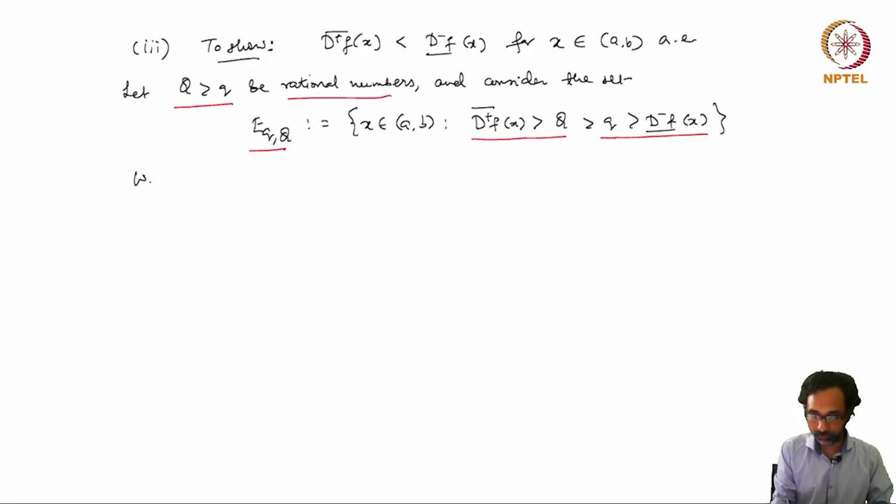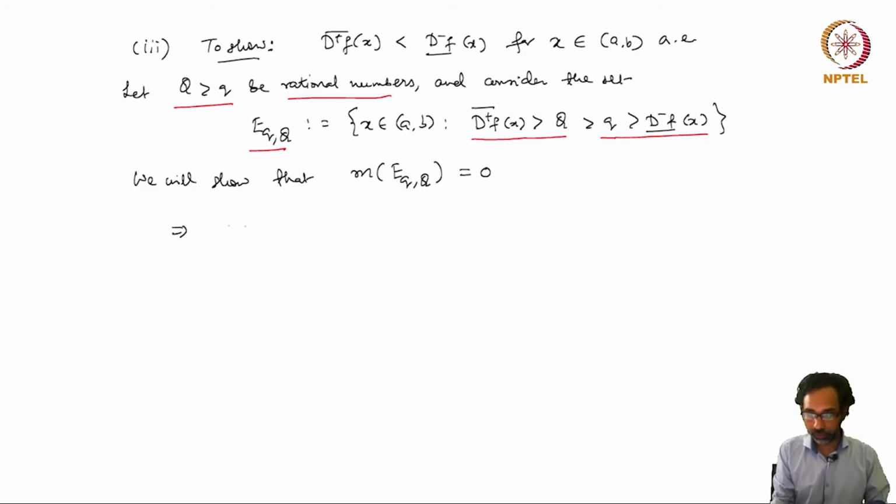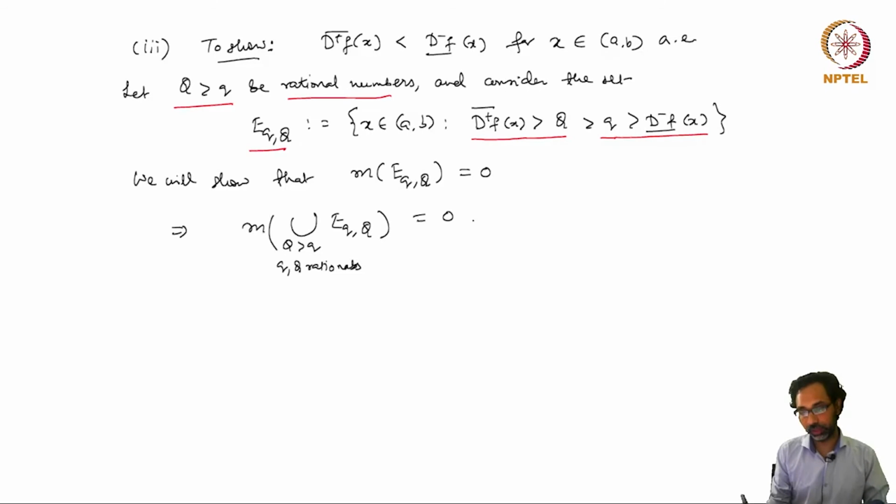So we will show that the measure of E_{qQ} is equal to 0, which will imply that the union of the sets E_{qQ}, the union over all rationals capital Q greater than small q, is also going to be 0.